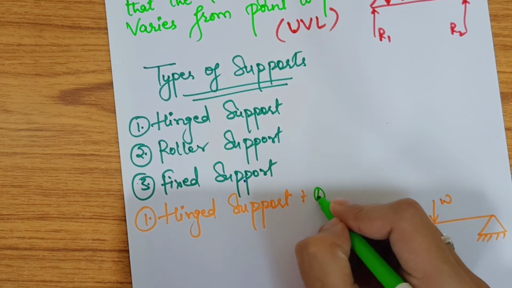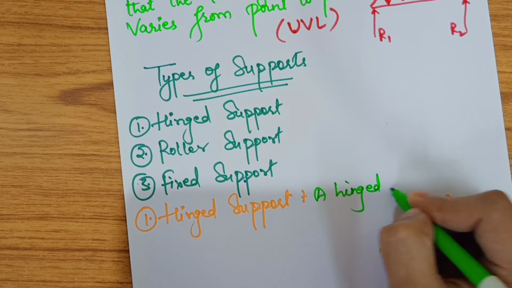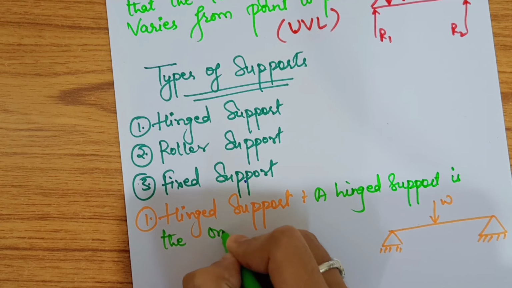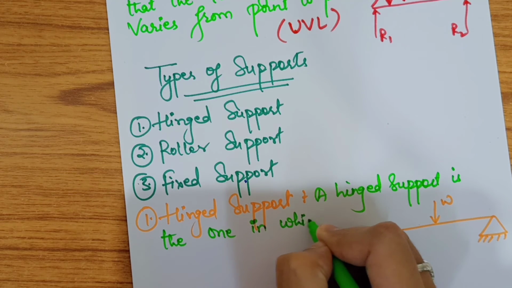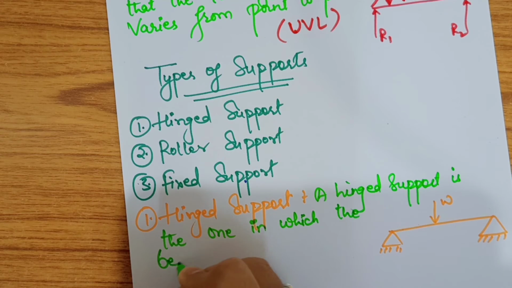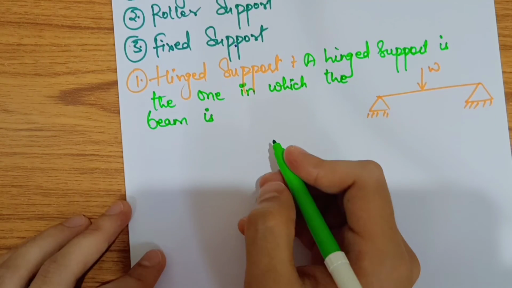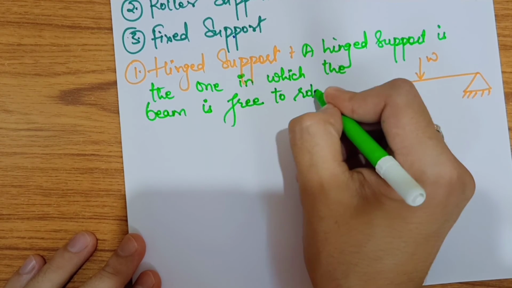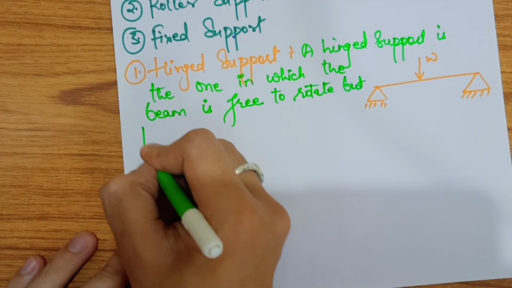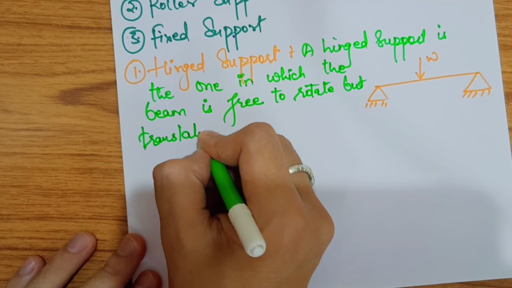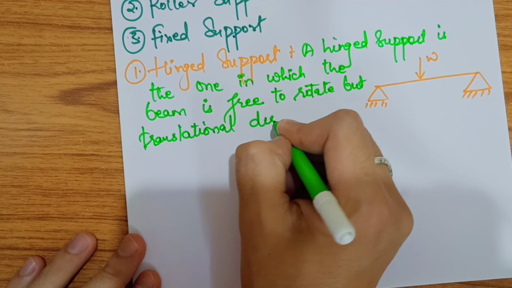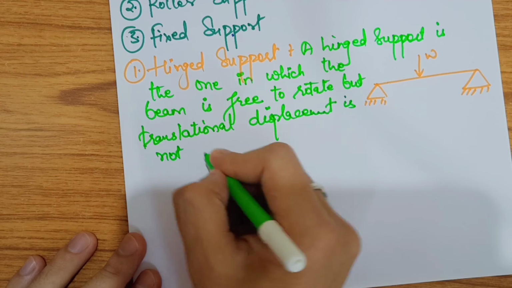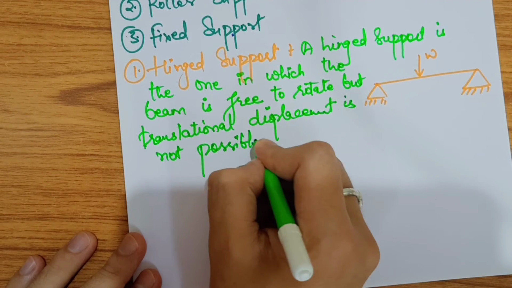So a hinged support is the one in which the beam is free to rotate, but translational displacement is not possible.